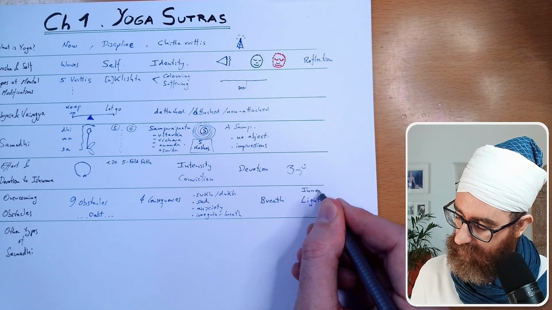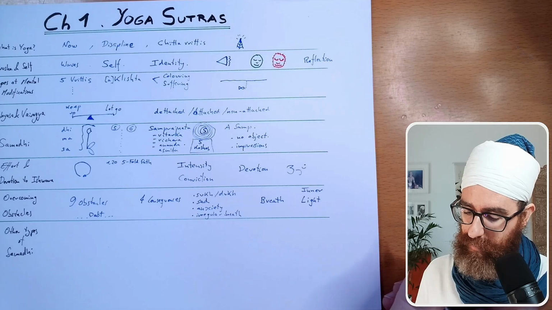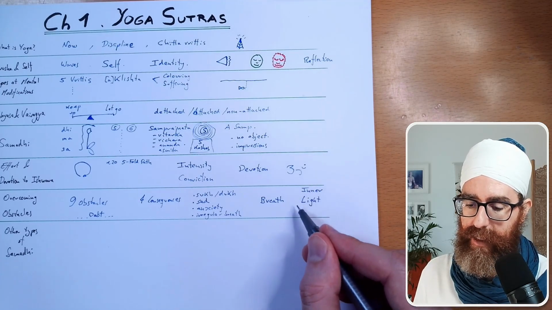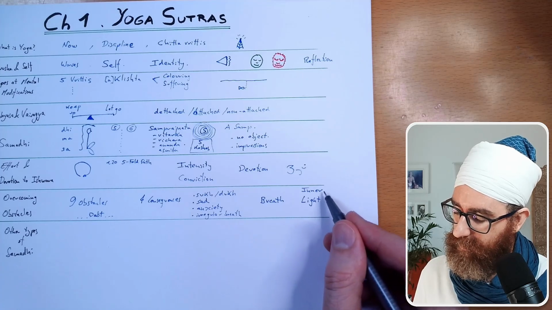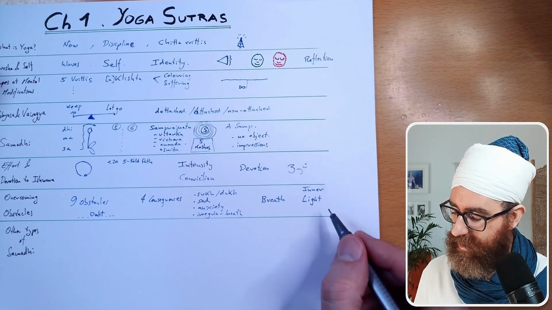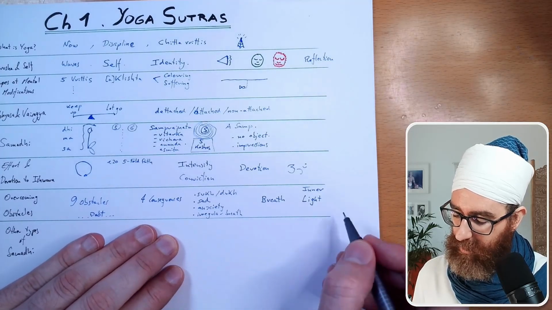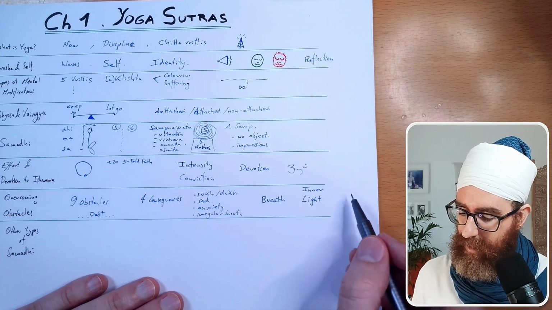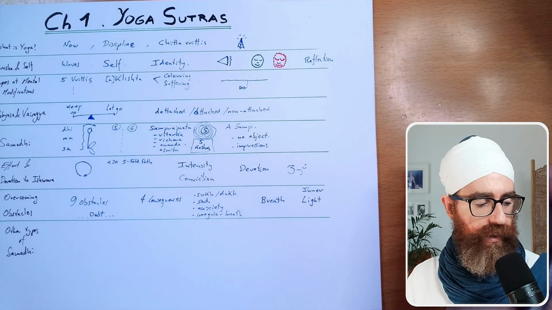Inner light. Meditating upon that inner light is going to help us be free from desires and focus on our consciousness. He's telling us different ways to deal with these consequences and overcome the obstacles. You can focus on the inner light. You can focus on the sensory experience and refine it.